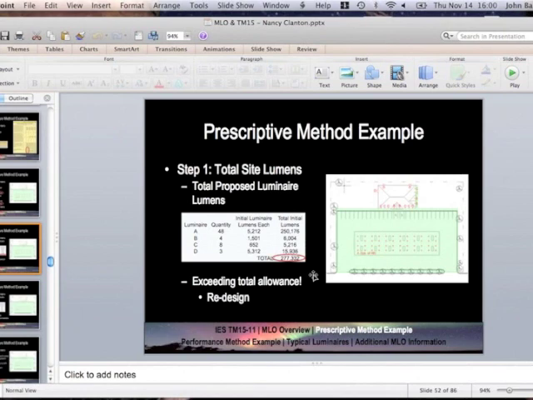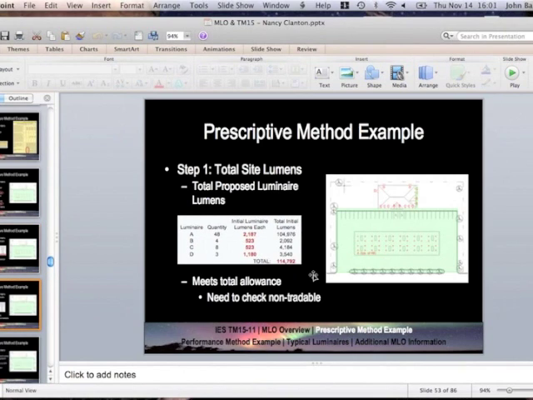These exceed what this allowance has stated for Lighting Zone 1. So, time to redesign. We redesign by lowering the lumen limit of some of the luminaires, and we come down to 114,000 plus lumens, which meets the total site allowance.